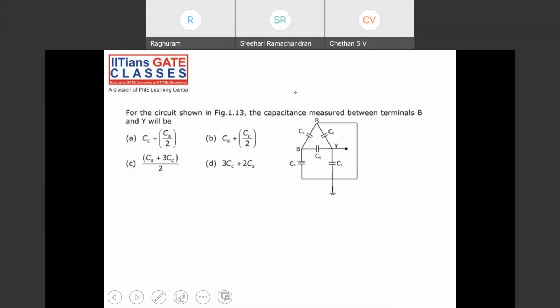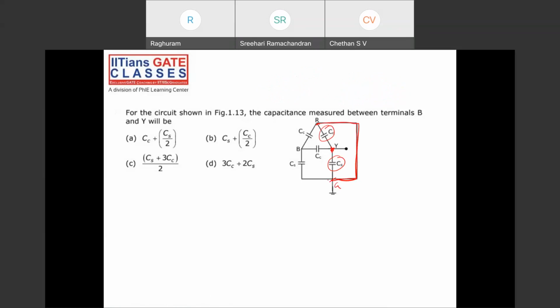See this R and Y, this one, Y and G. How are these two? Parallel, right? Directly connected. These two are connected.